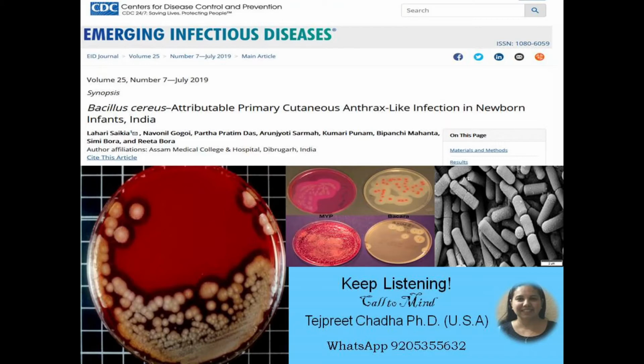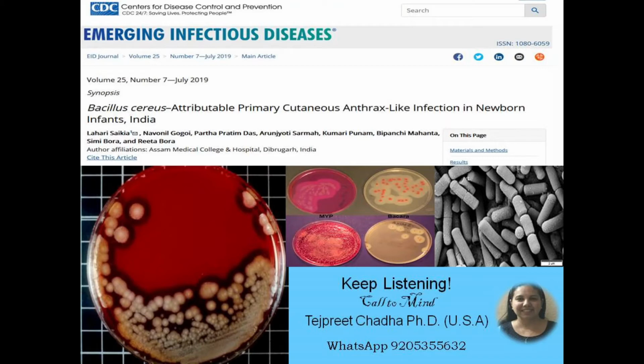The main ones described are septicemia, pneumonia, endocarditis, meningitis, especially in immunosuppressed individuals such as neonates, and they have also resulted in patient death in about 10% of the cases.